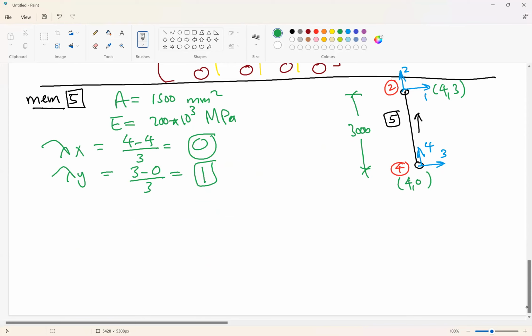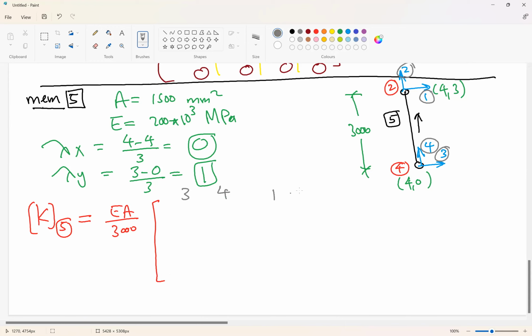So if we substitute to get K5, K5 will be EA over 3,000 times, what are the movements we have? The start is 3 and 4, and the end is 1 and 2. So 3, 4, 1, 2, 3, 4, 1, 2. This is our displacement, and this is the stiffness matrix we need to get.